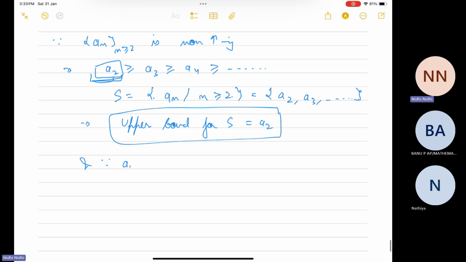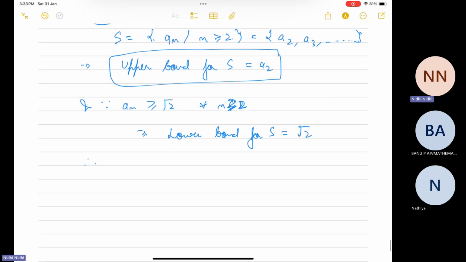And since an is greater than or equal to root 2 for every n greater than or equal to 2, the lower bound for S will be root 2.